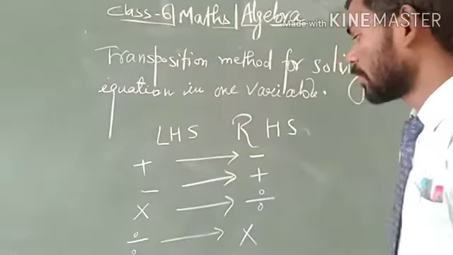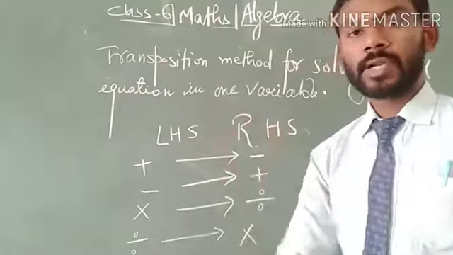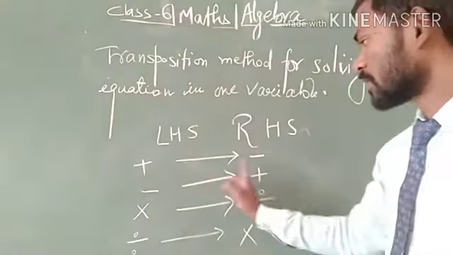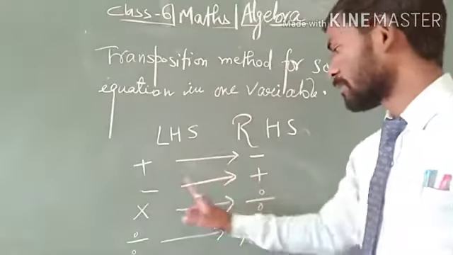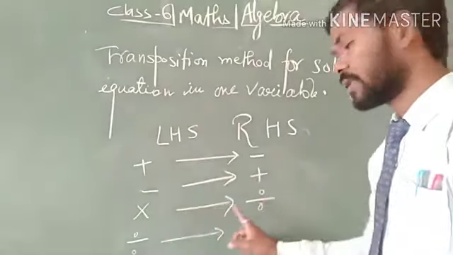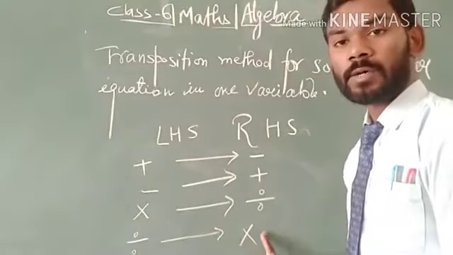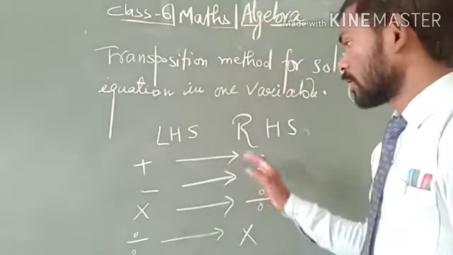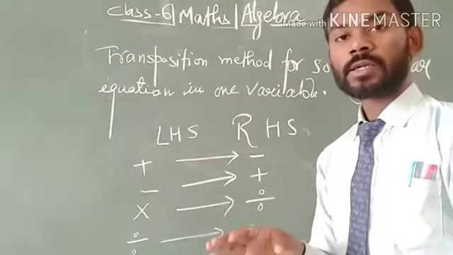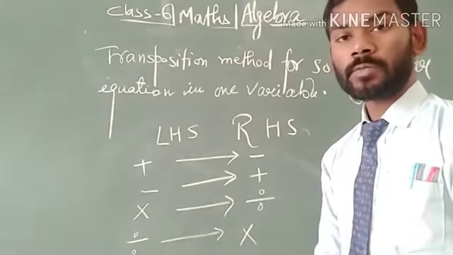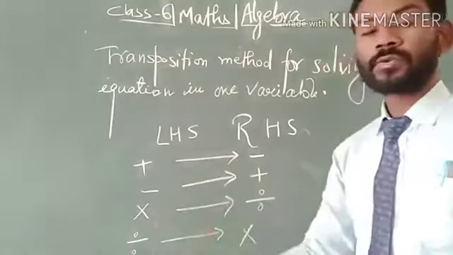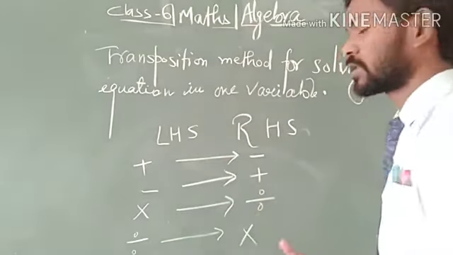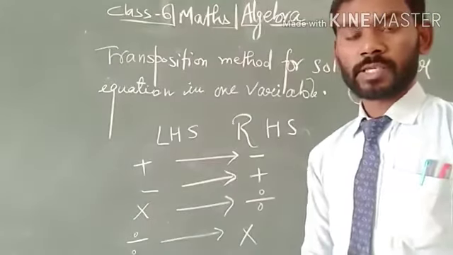And in the same way, when we move from right to left, the condition becomes reverse. That is, minus becomes plus, plus becomes minus, division becomes multiplication, and multiplication becomes division. Okay student, so in this way, we can transpose the term from one side to another side, and we can find out the solution of the question.